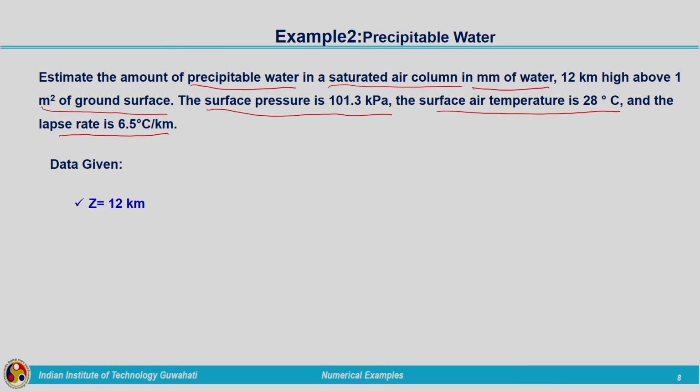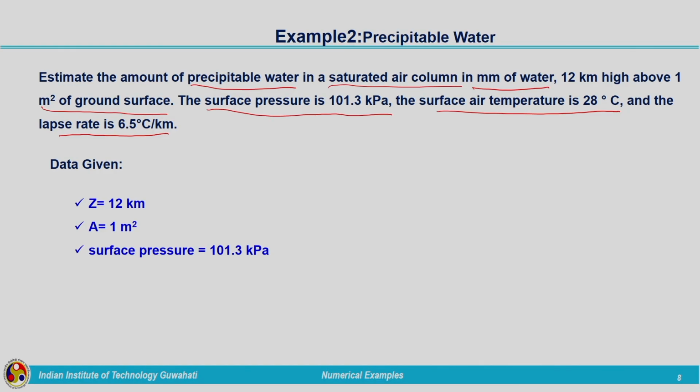Data given: ground surface level is 0 and at an elevation of 12 km, so Z is 12 km, area is 1 meter square, surface pressure is 101.3 kilopascal, surface temperature is 28 degrees Celsius, and the lapse rate is 6.5 degrees Celsius per kilometer.